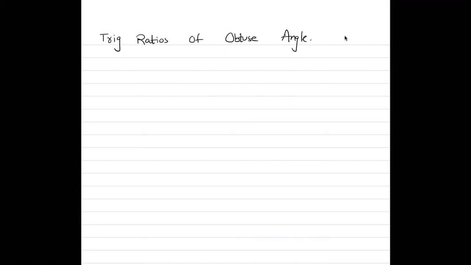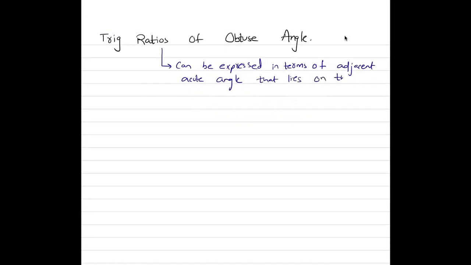The trigonometric ratio of an obtuse angle basically can be expressed in terms of the adjacent acute angle that lies on the same straight line.